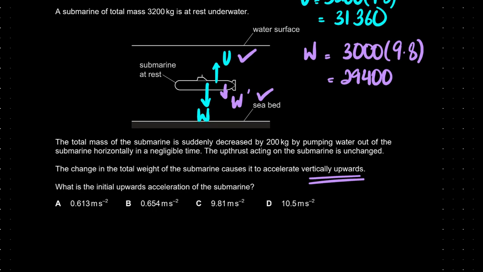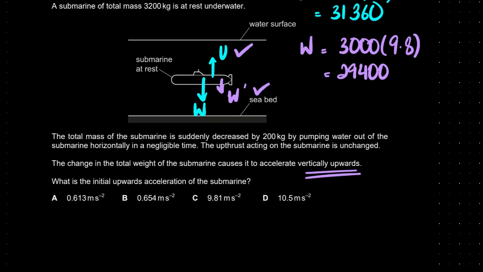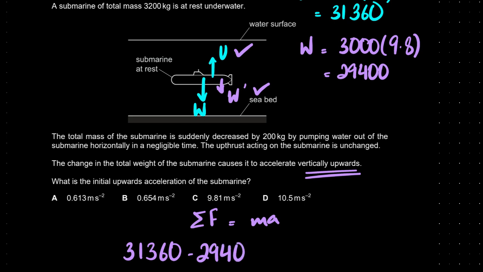So if I use Newton's second law here, I have resultant force equals ma. So 31,360 minus 29,400. What mass would we use now? Again, we would use the new mass, which is 3000, because that's the mass which accelerates upwards. 3200 was the older one.